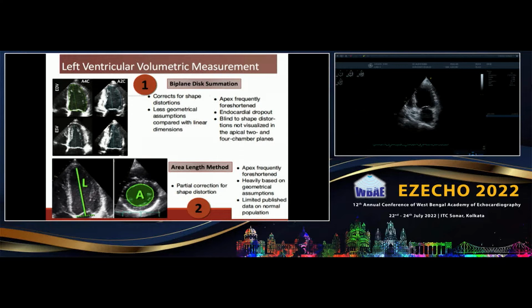Sulogna, can you demonstrate the biplane disc summation? Santanu, do you want to tell anything? Okay, I think the image is on the right side. Yeah. Okay. Switch it. Can we swap it?